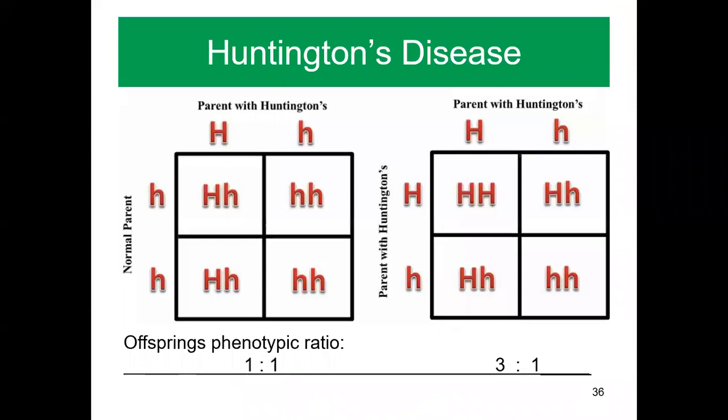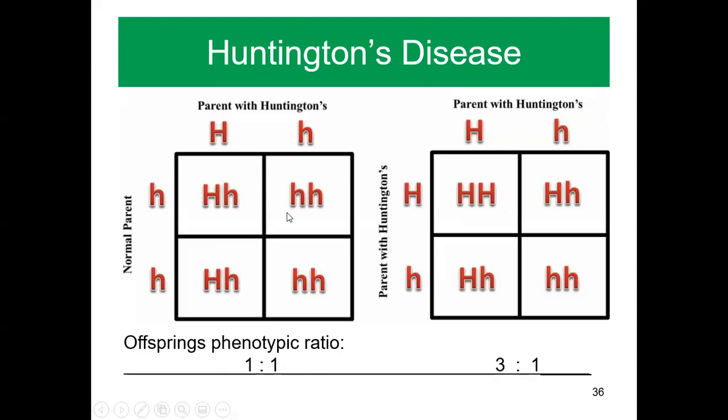So what are the chances of the offspring having Huntington's? It depends on the parents' genotype, doesn't it? This is a parent with Huntington's disease who is heterozygous. This is a parent that's normal, homozygous recessive. So the chance of offspring getting Huntington's is 1 to 1, right?